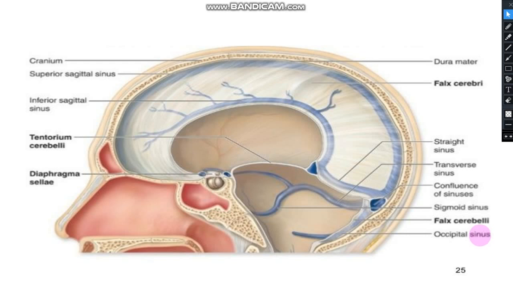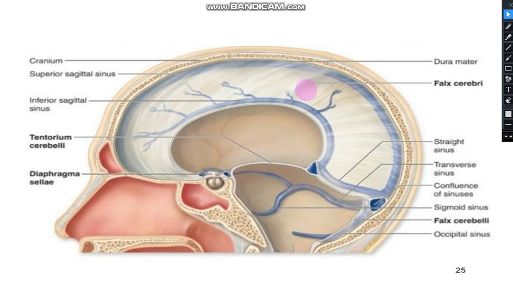So these are the dural venous sinuses. All these dural venous sinuses occupy the space between the outermost layer of the dura mater, which is known as the endosteal layer, and the meningeal layer, except two.